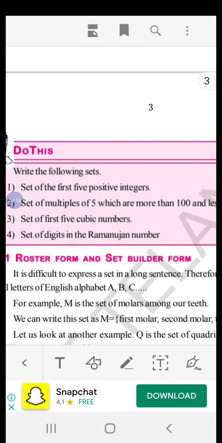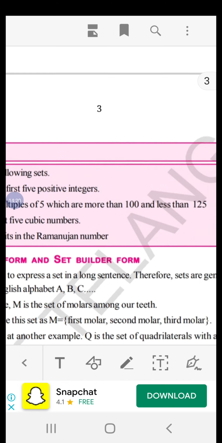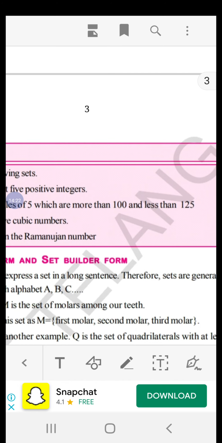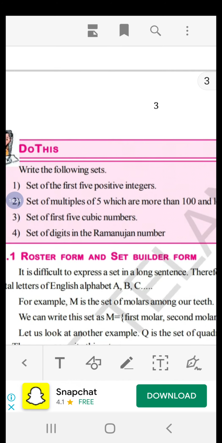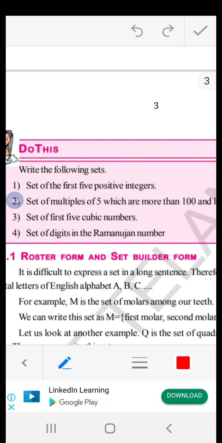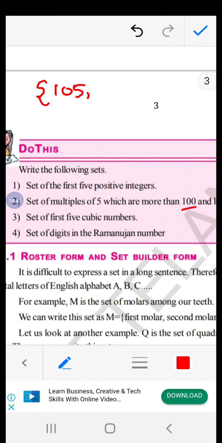Now we come to the next question. Set of multiples of 5 which are more than 100 and less than 125. The set begins with 105, because it is the first multiple of 5 that lies between 100 and 125.